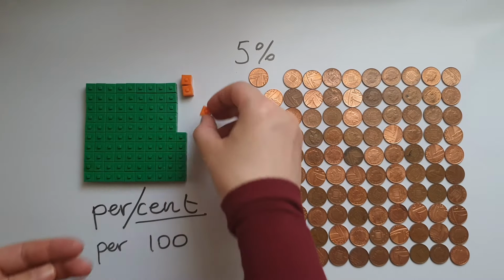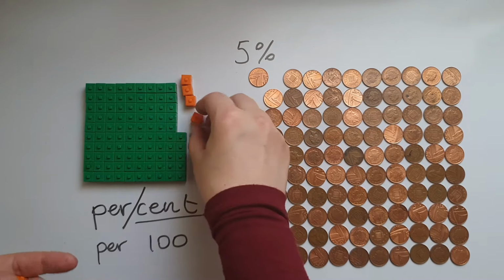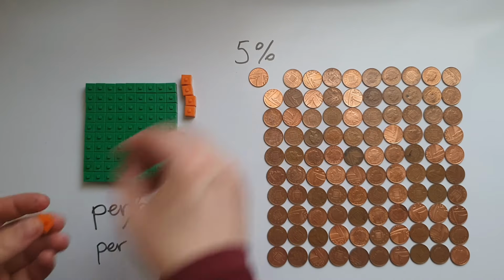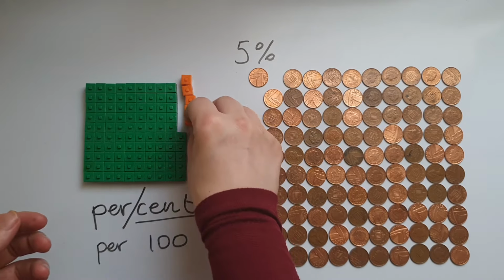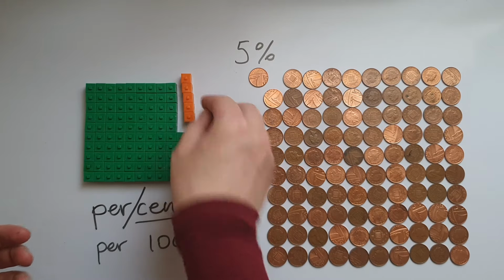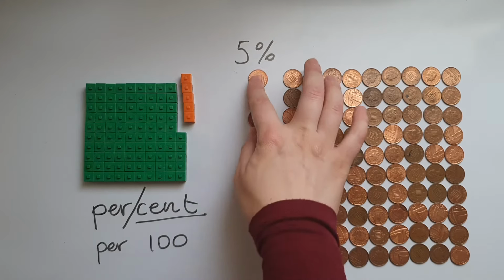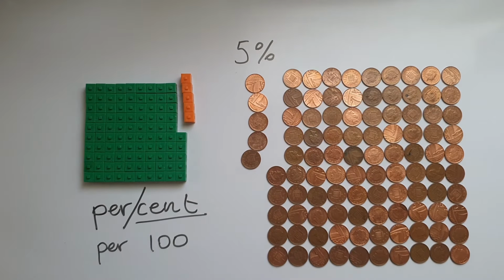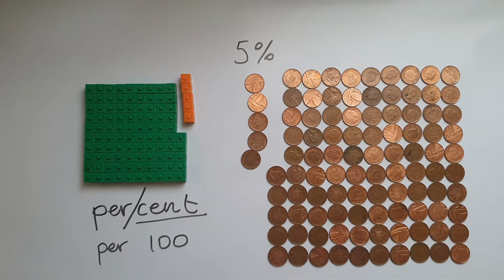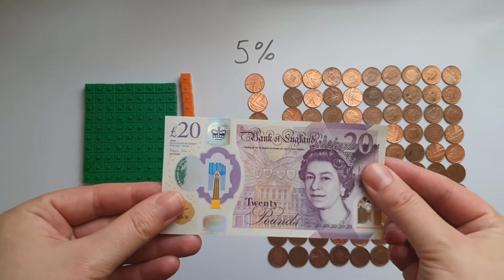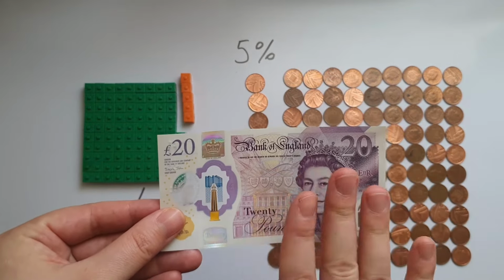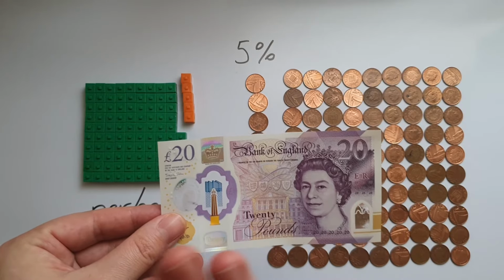So it's 5 out of 100. So 5 pence for every £1. So again, if I refer to the £20, 5 pence for every £1.